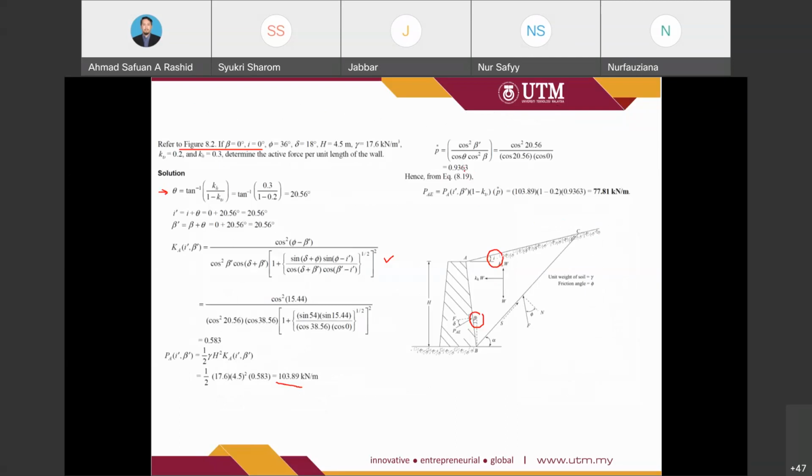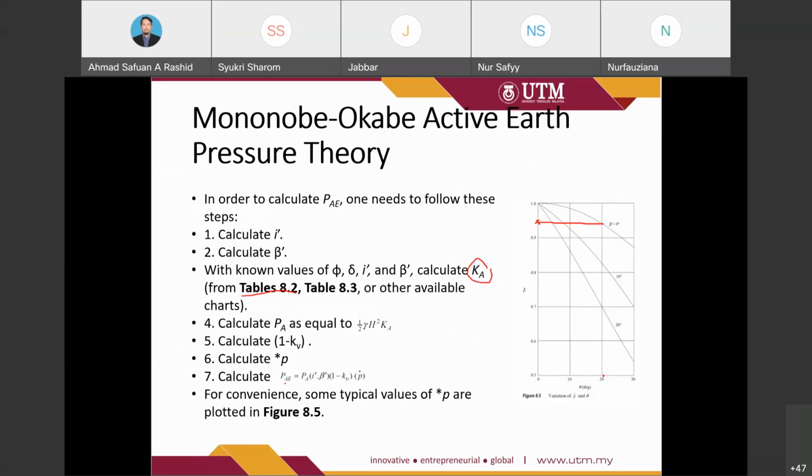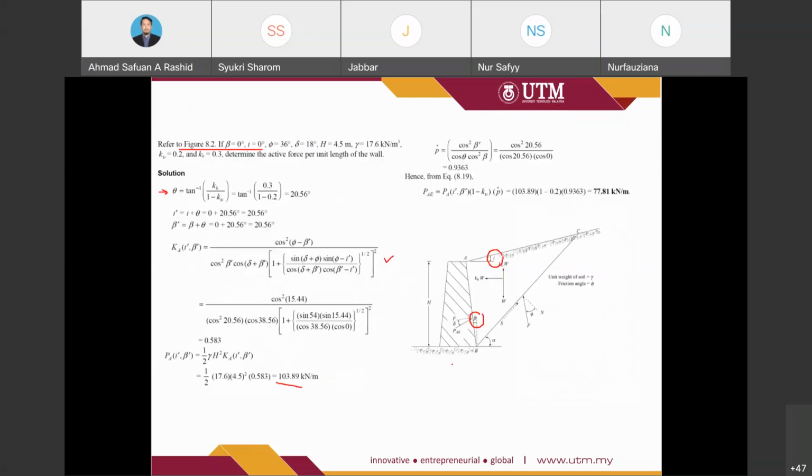The last is to calculate the PAE. We already have PA, we already have 1 minus KB, and also we have the asterisk P. So 103.89 times 1 minus 0.2, and then times the asterisk P. So the value for the active lateral stress under dynamic loads is equal to 77.81.